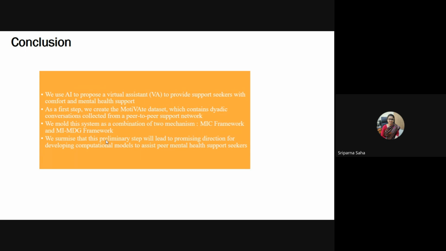The classification network will try to predict the mental disorder type, and after that there is a generator network. This generator network will generate some motivational responses just to boost the morale of the particular patient.